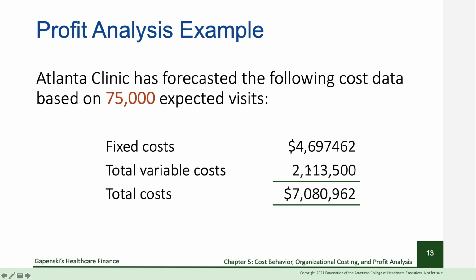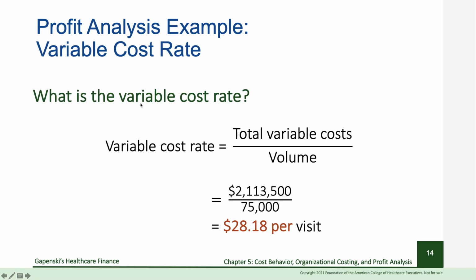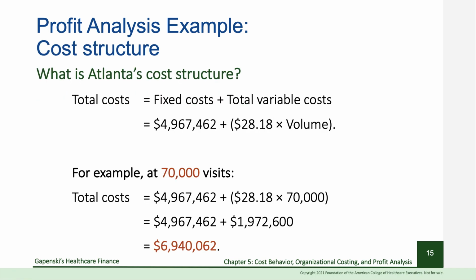We take this number and divide it by the number of expected visits to get the variable cost rate: 2,113,500 divided by 75,000 visits, which gives us $28.18 per visit. So the variable cost rate for every single patient or every single visit is approximately $28.